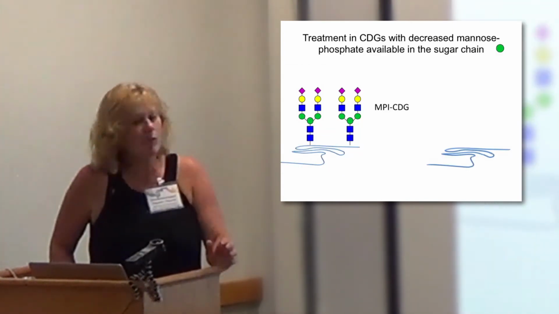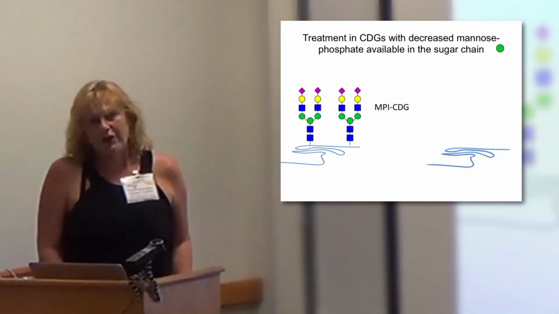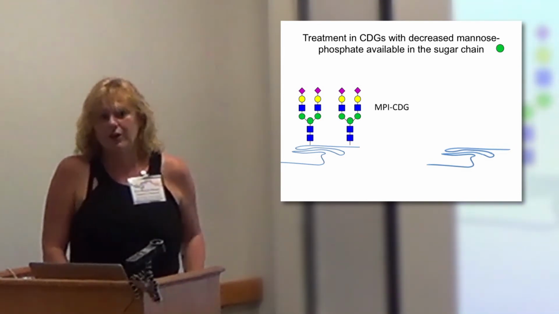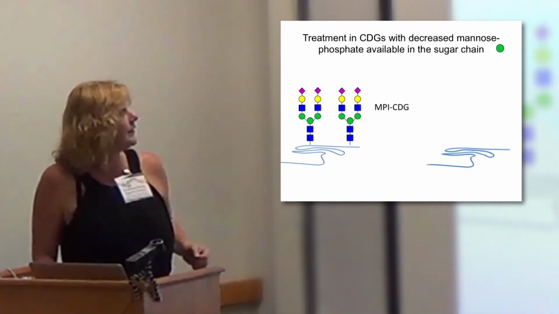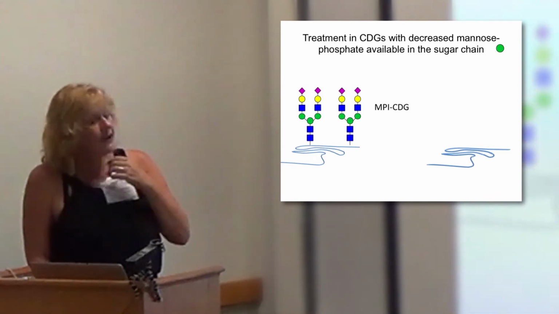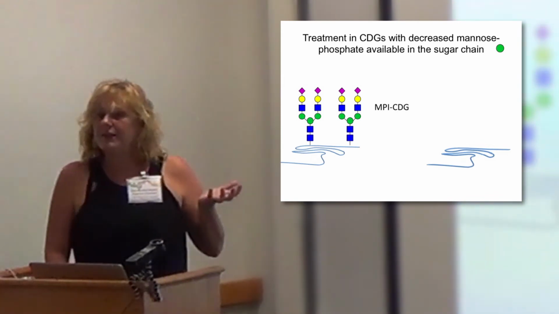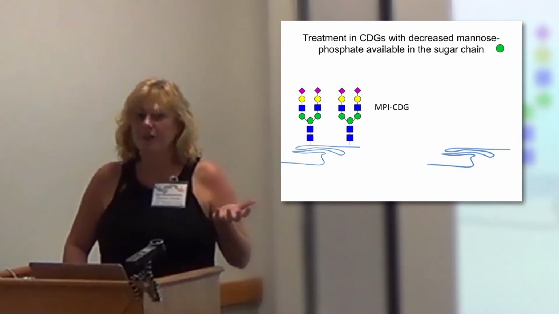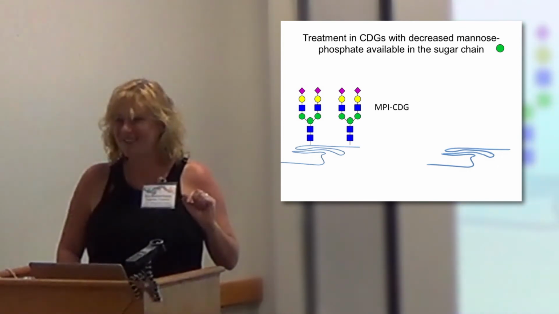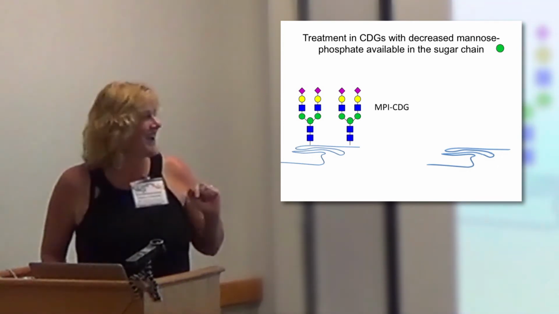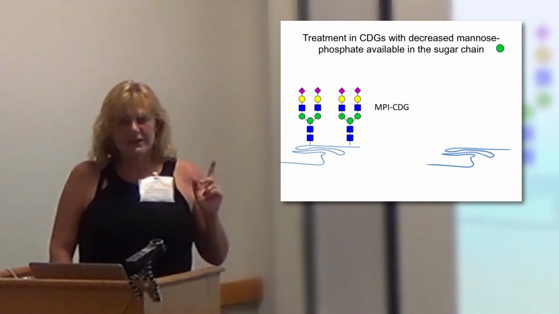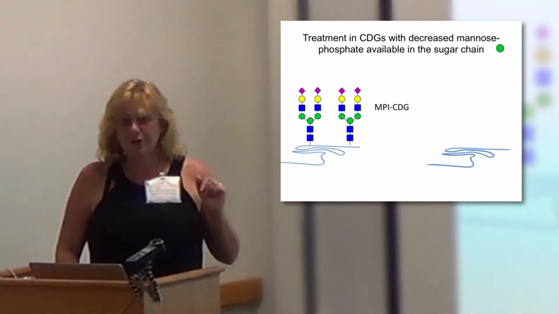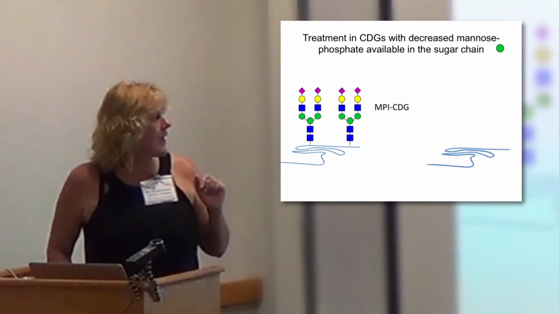Okay. So what do we have out there as therapy for now? Can we really say that it's working? So there is CDG1B. I didn't go into that disease today because we don't have patients present today. But that's a problem with activated mannose availability.